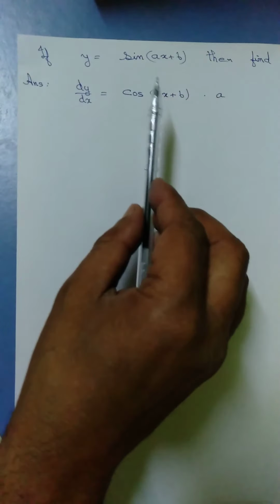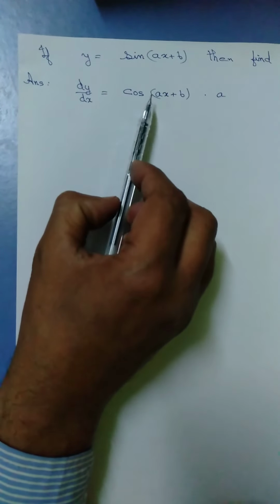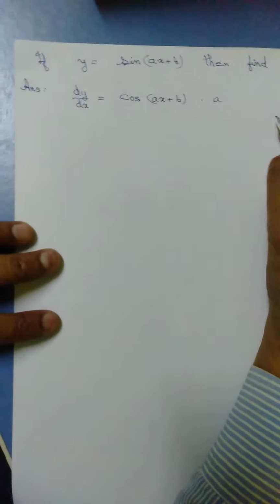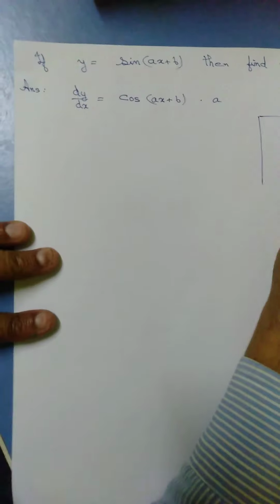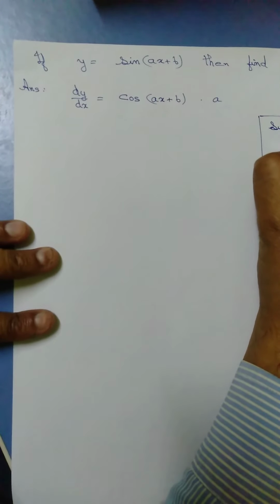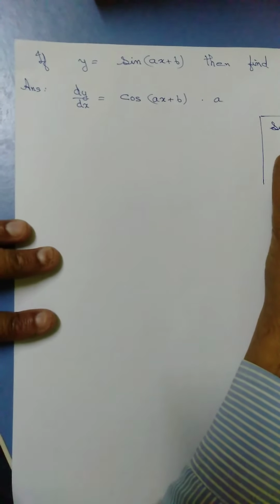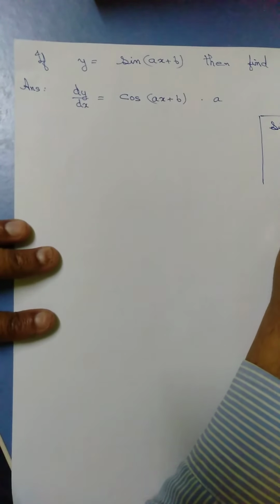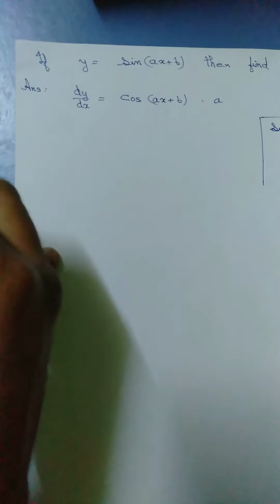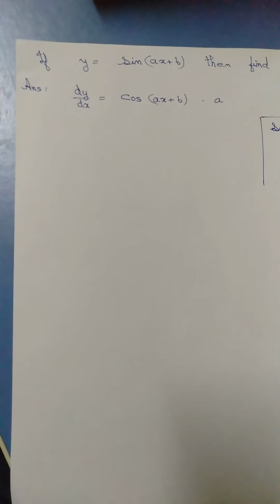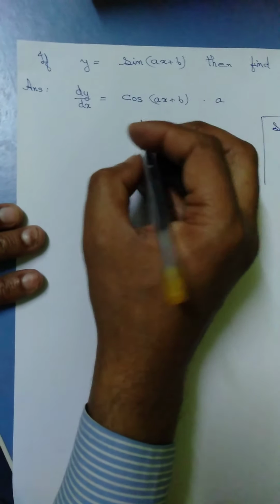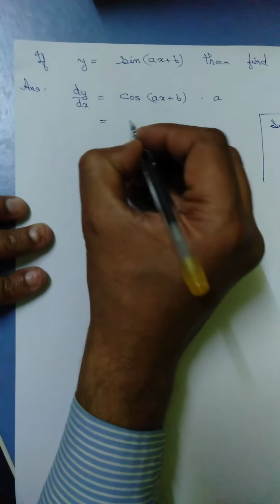That doesn't look something like y. Y is sine, and here we have cos. Do we have some relation between sine and cos? Well, sine of 90 degrees plus theta is cos theta. This cos can be written in terms of sine with this identity. So how shall I write here? I should write it as sine.